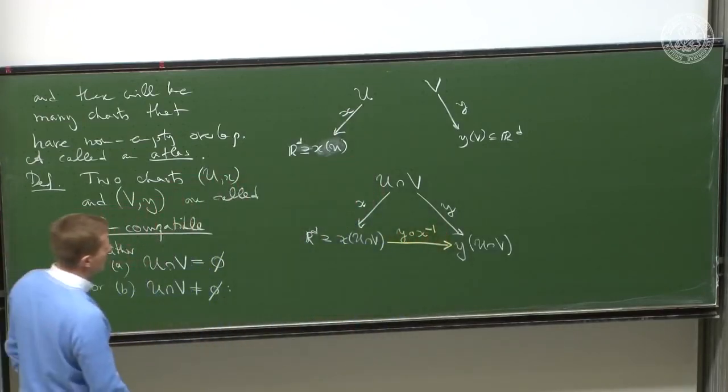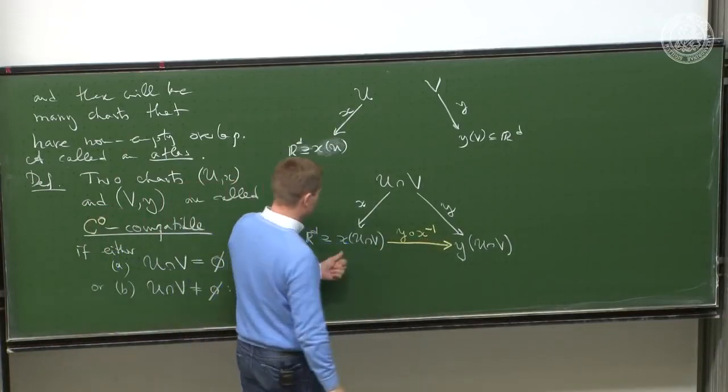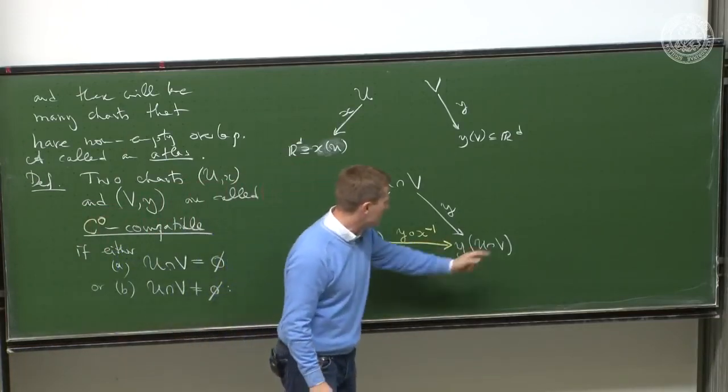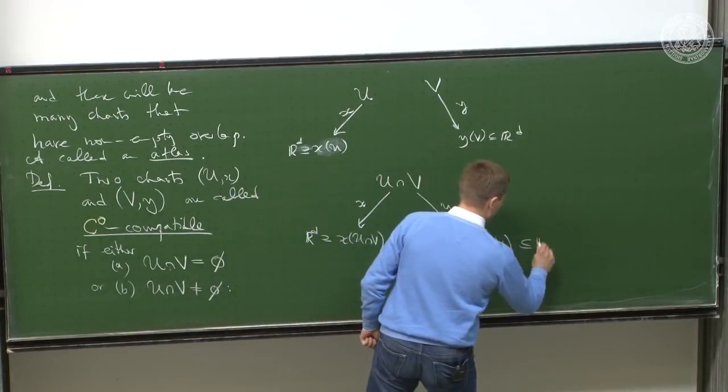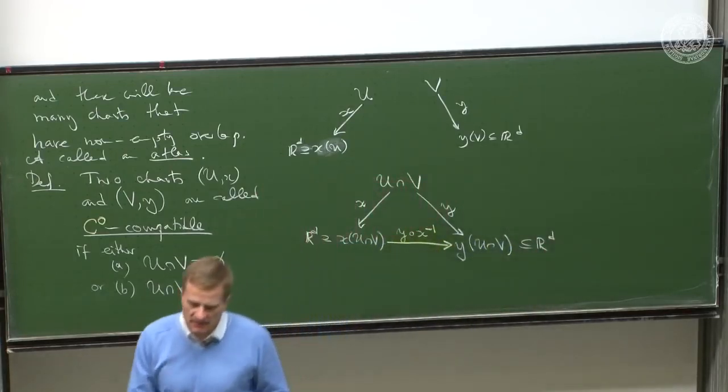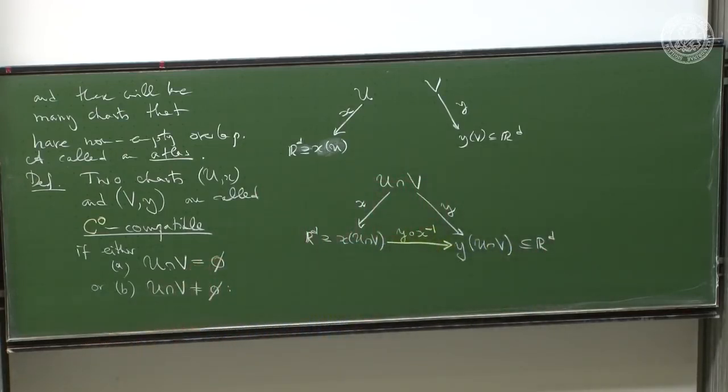And so Y after X inverse goes from X of U intersected V to Y of U intersected V, which is a part of RD. And that's the key observation here.